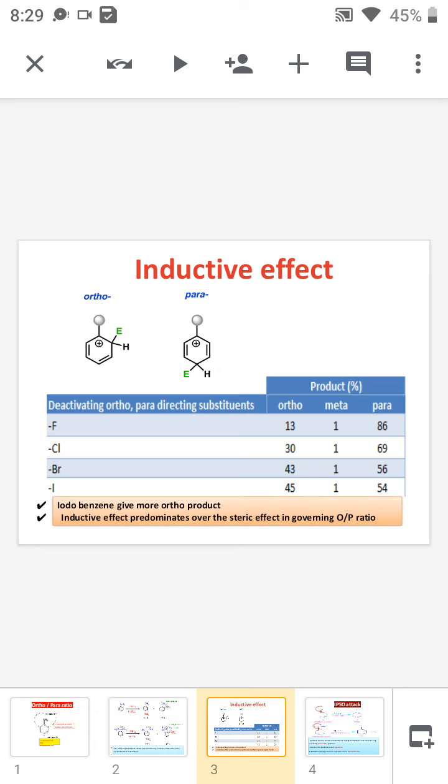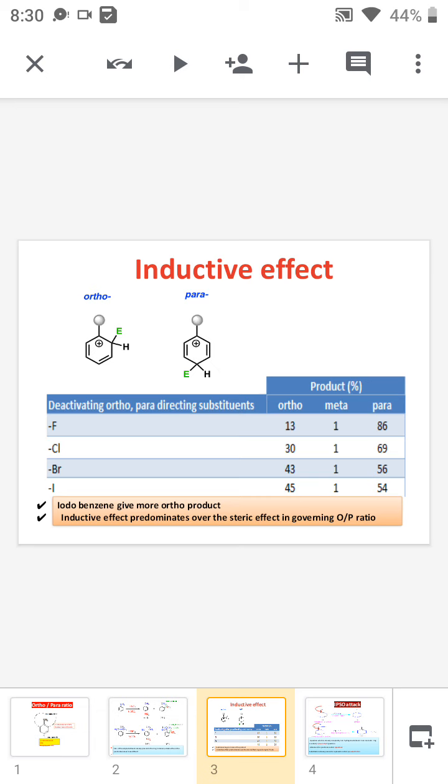And in this table, iodine shows the most electron donating capacity. That's why the ortho product in the case of iodobenzene is 45%. So iodobenzene gives more ortho product, and inductive effect predominates over the steric effect in governing the ortho-para ratio.